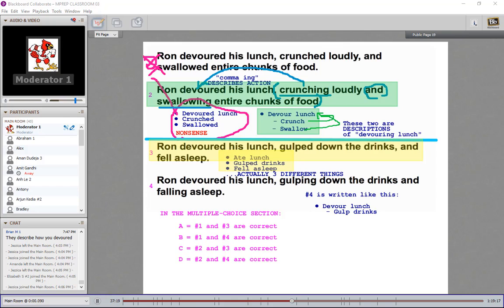And then there's another sub-point of that, you fall asleep. What? It doesn't make any sense. I mean, falling asleep is not part of eating lunch. You could make a case that gulping drinks might be, but this is nonsense because they're supposed to be different things. A modifier doesn't make any sense here.